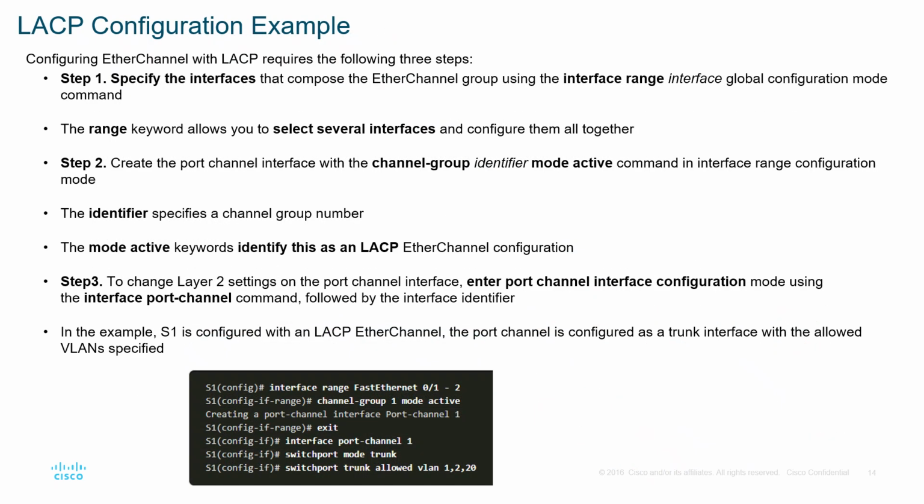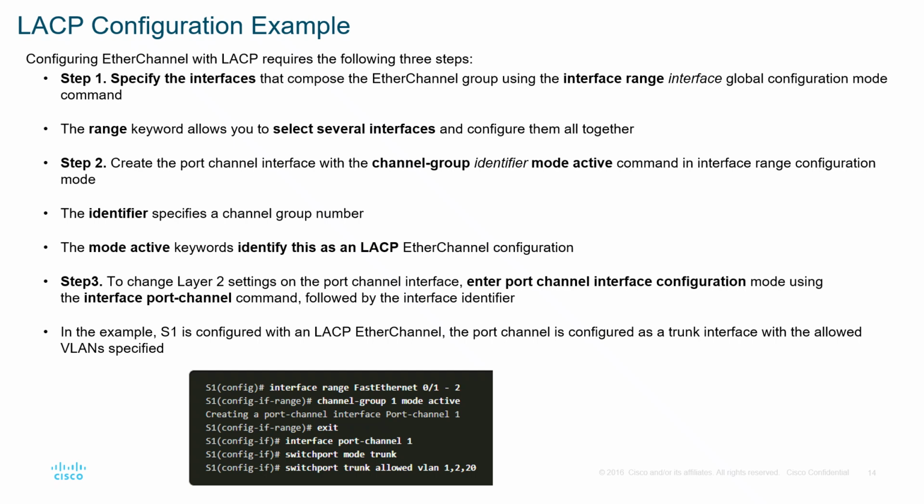Configuration is not really that intense, but do it in a step-by-step fashion. So, step 1, specify your interfaces that will compose the EtherChannel group using the interface range command. The range keyword allows you to select several interfaces and configure them together as one.